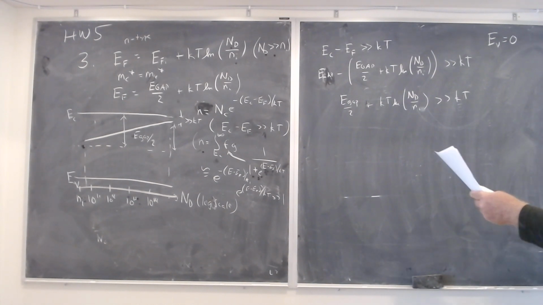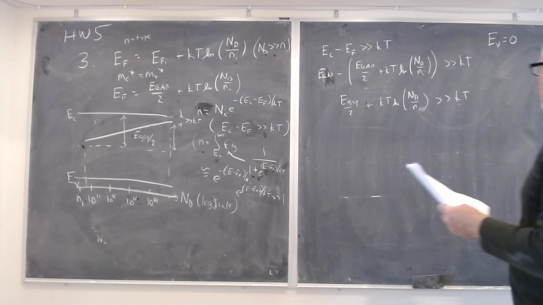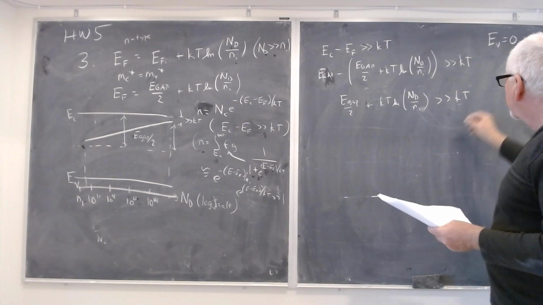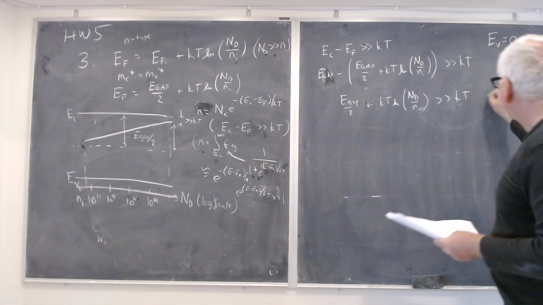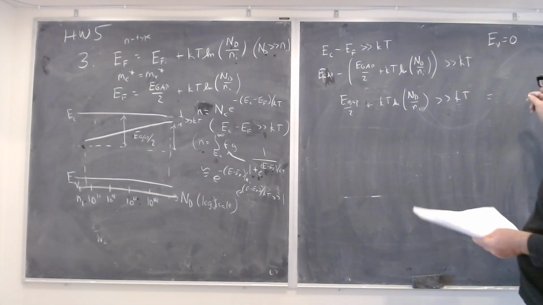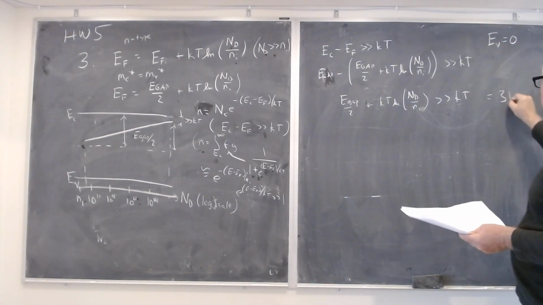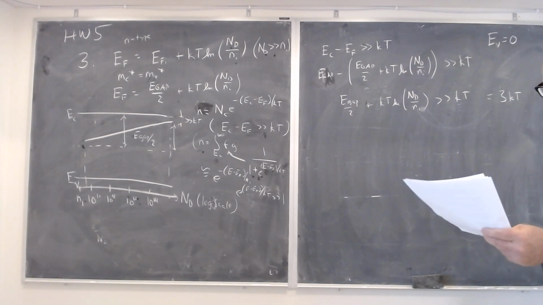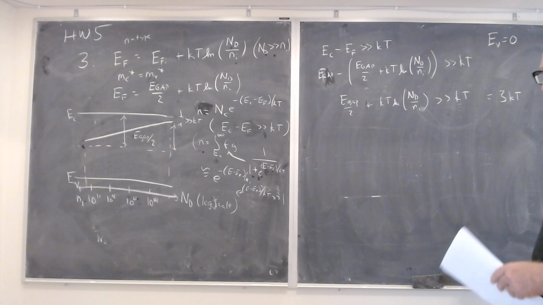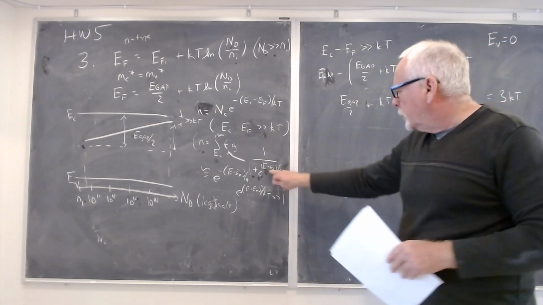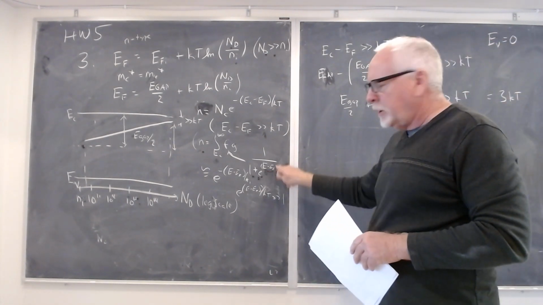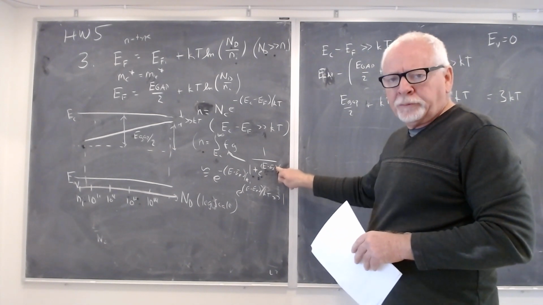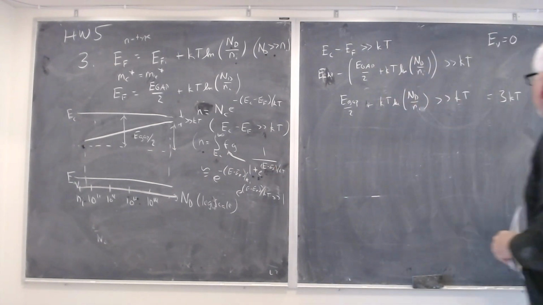And so we can turn this around, and so let's say that it's equal, let's use 3. Okay, so we'll say it's equal to 3 kT, because 3 kT is much bigger than kT. By the way, if this was 3 kT, that would be e to the third, and e to the third is somewhere around 10, so that's kind of close enough.